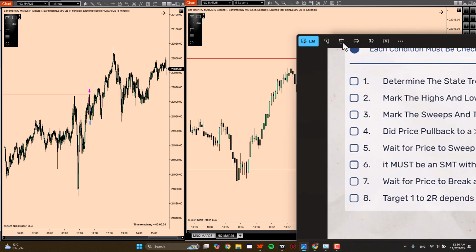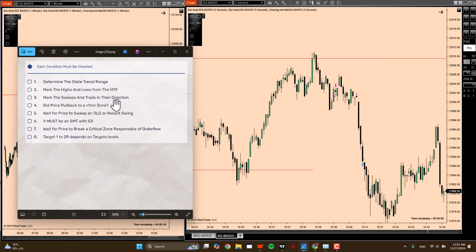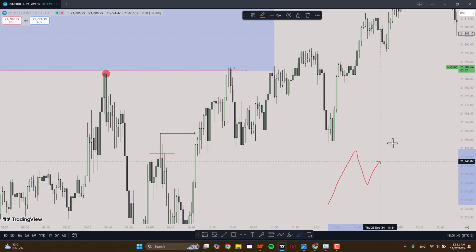If we go one more time to our list, mark the sweep again and trade in their direction. We have the sweep here and we want to trade in this direction, okay? Did price pull back to a 1 minute zone? So this is basically saying that price tapped into a higher time frame zone. This right here is for an expansion example like this. Price was trading to the upside and then pulling back to a higher time frame zone.